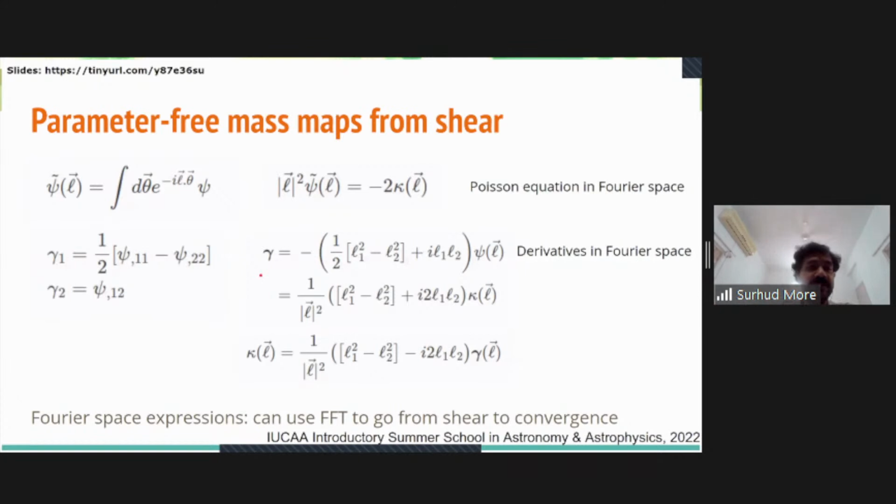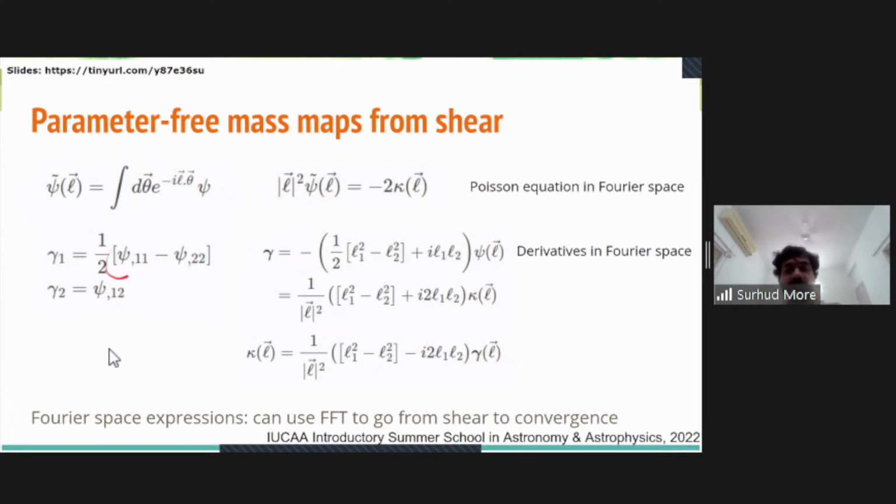Right? So now that we are doing things in Fourier space, we'll express this psi 1 1 also in Fourier space. So when you take this derivative with respect to theta 1, along the first direction, the x-axis direction, then you get an L1 square. And here, if you do it, then you get L2 square. Okay?